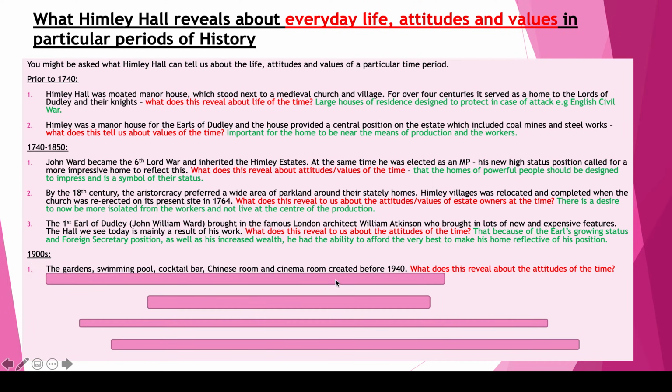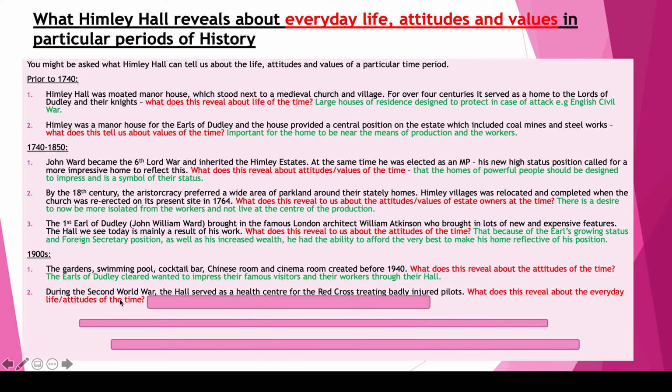Well, what do all of these changes reveal to us about the attitudes of the early 1900s of estate owners? Well, it reveals to us that the Earls of Dudley clearly wanted to impress their famous visitors. So, for example, Winston Churchill, Edward VIII and Wallis Simpson, and their workers through how their hall looks. So it's important for people in the 1900s to impress their famous visitors, and this reveals the values and attitudes of the time.